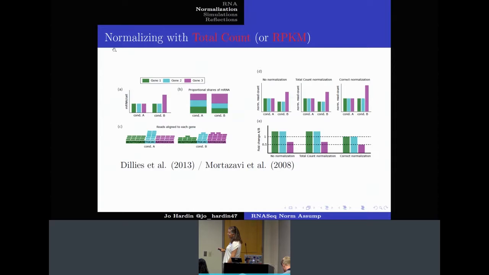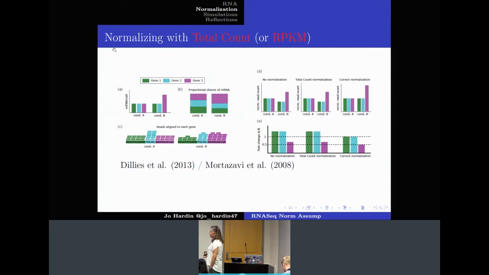And what we see is that in condition A and condition B, the blue and the green genes, the ones on the left, are not differentially expressed, because that's how we're defining differential expression: the amount of mRNA per cell, right? We're not defining it as the number of reads at the bottom. We're trying to get back to the top of the diagram, how much mRNA is being produced in the cell. And it turns out that there's this one gene that has a tremendous impact, and it's that purple gene.